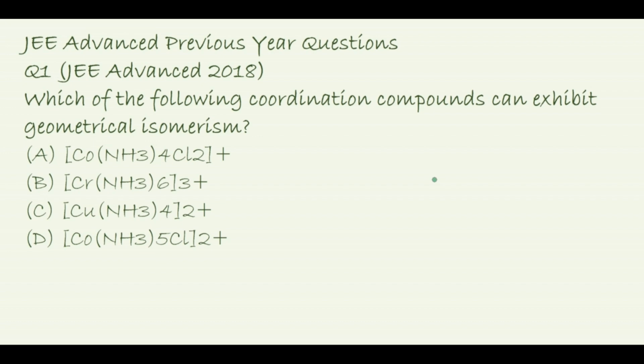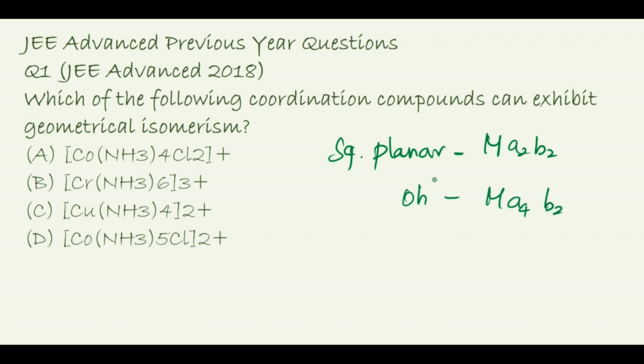So square planar, MA2B2 type, and octahedral, MA4B2, and I'm talking about the monodentate ligands, MA3B3, right? So here you can see all are monodentate, so that's why I have told you, and which is similar to this.